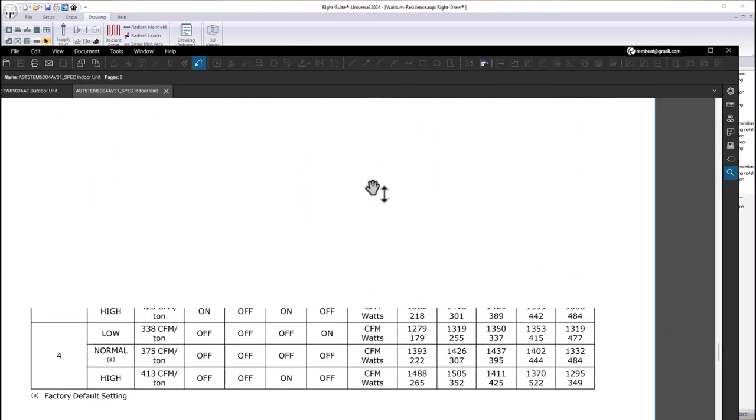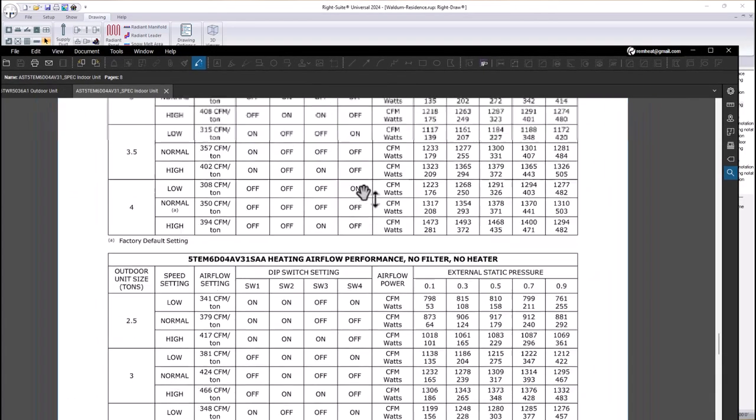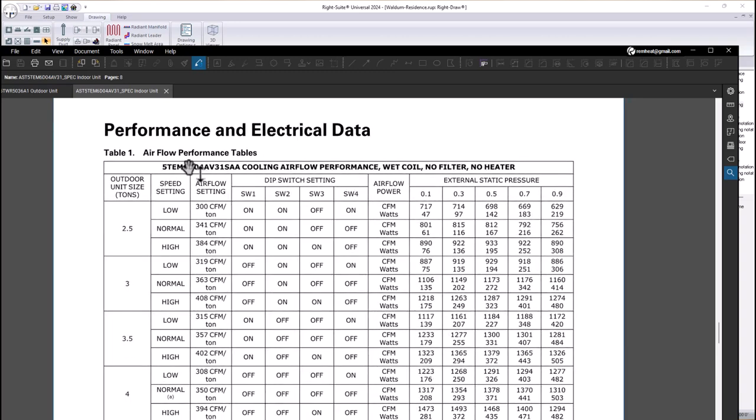For the design CFM, here's the thing. This is my unit, and this is my air handling unit. It says wet coil, because whenever you have a dry coil, there is less resistance, and whenever you have a wet coil, there is more resistance. No filter, no heater.